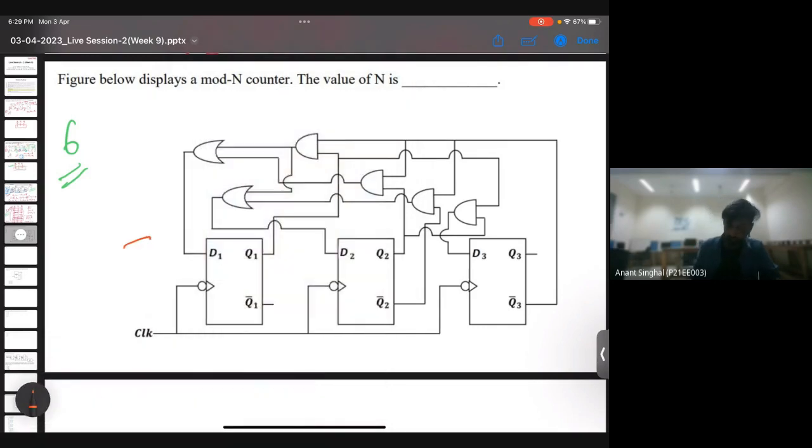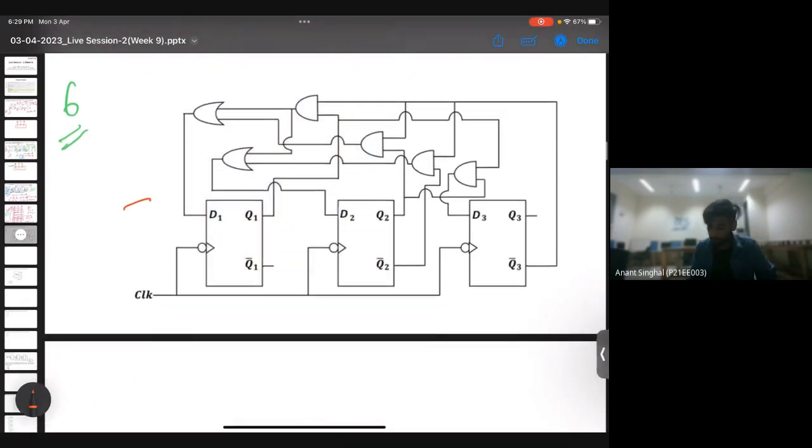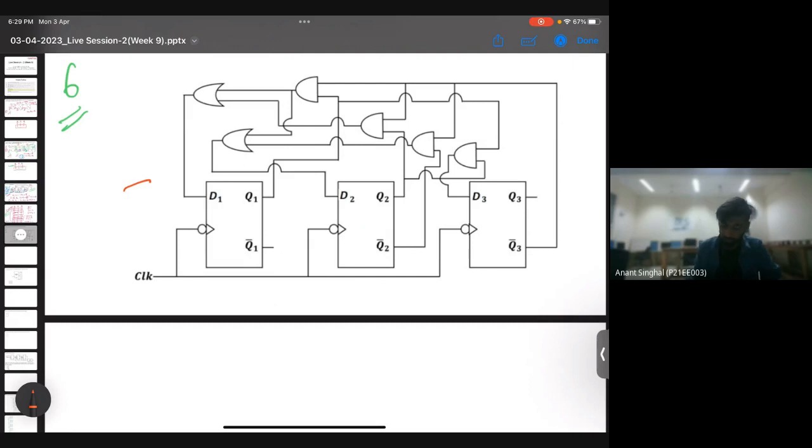Since it is a synchronous circuit, we'll try to write the expression for the corresponding flip-flops. And we know in a D flip-flop, Qn plus 1 is nothing but D. So let me try to write D1 first.